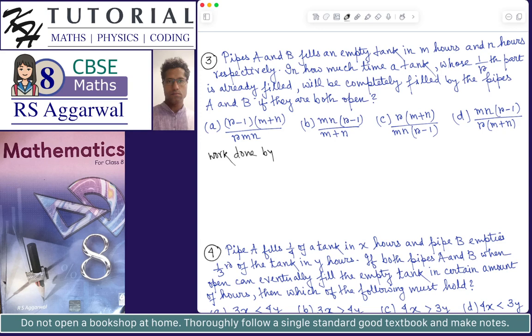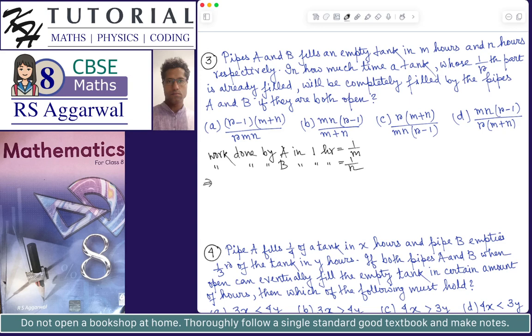by A in 1 hour is equal to 1 by m. Work done by B in 1 hour is equal to 1 by n.